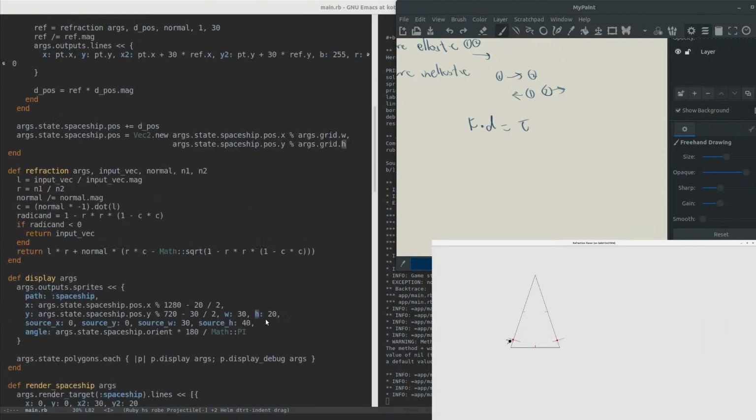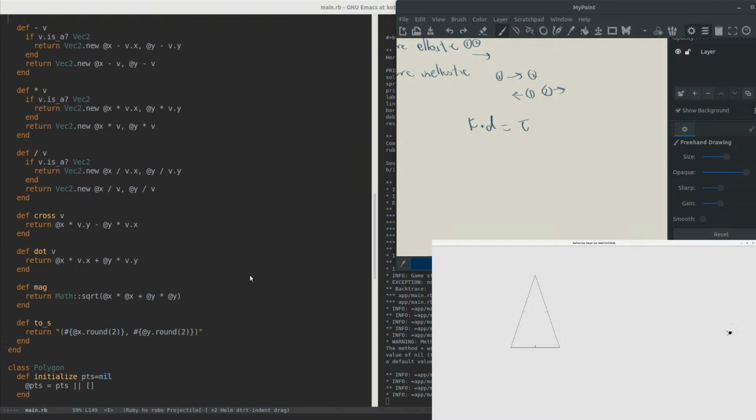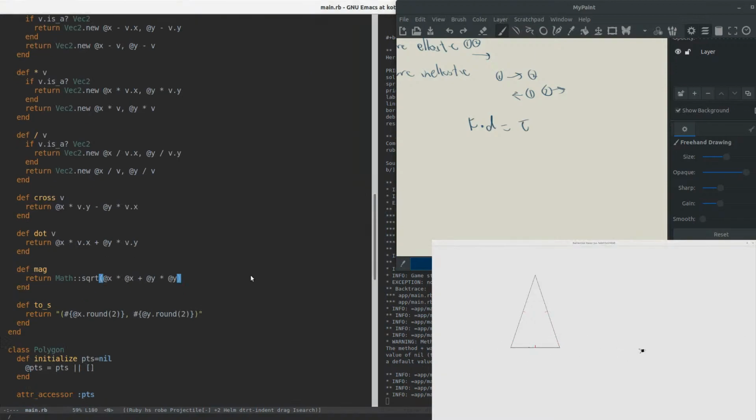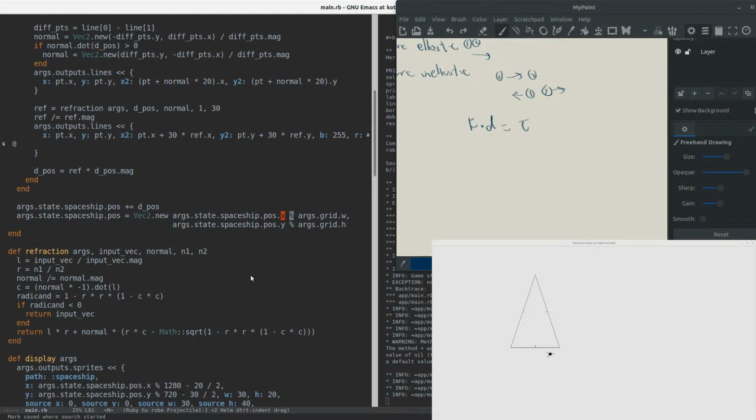Okay, that's cool. Actually, I have the modulo somewhere else as well, so let me fix that first. Yeah, that's kind of cool.